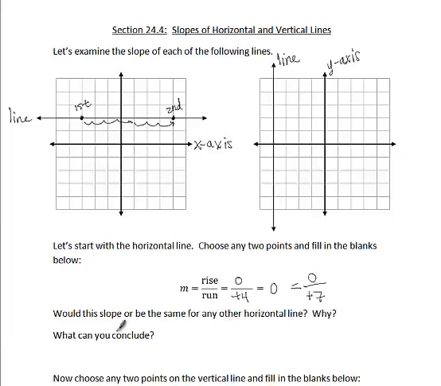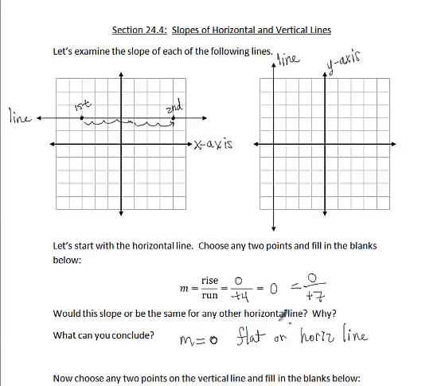So what kind of slope do we get? We get a slope of 0 for any 2 points on a horizontal line, a flat or horizontal line.